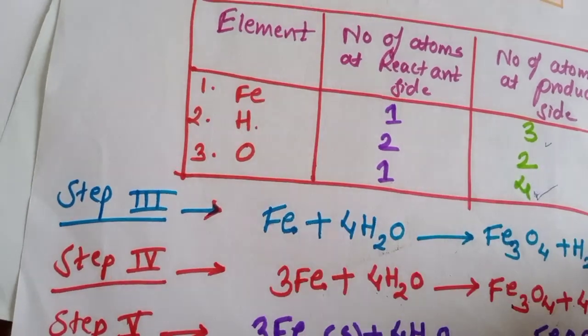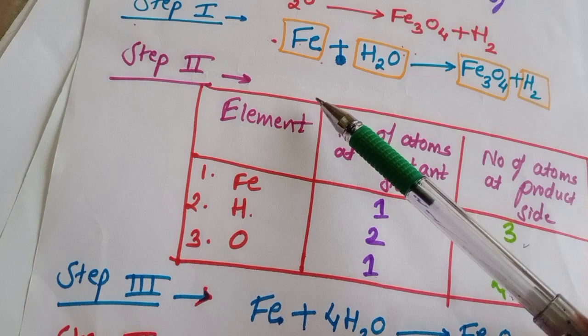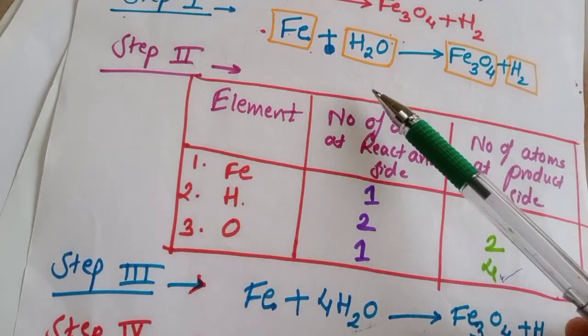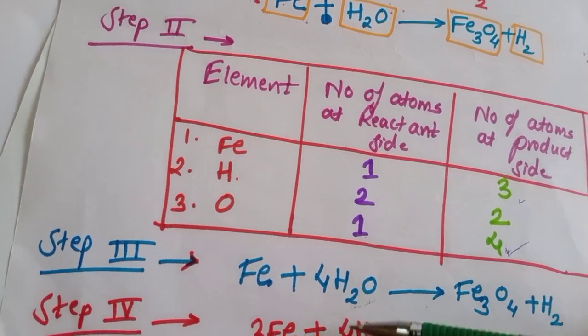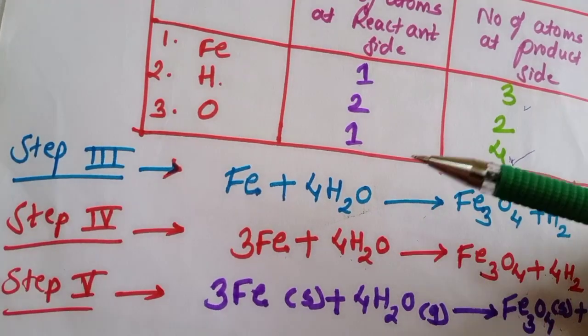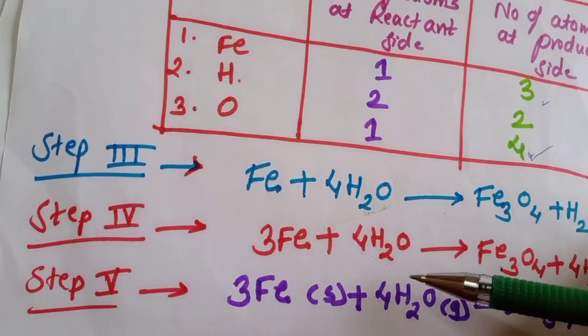I have explained these 4 to 5 steps to you so that you can understand how to write the chemical reaction and how to balance it. Okay. So it's a very easy method to balance a chemical reaction. And in the next class, we'll study that.